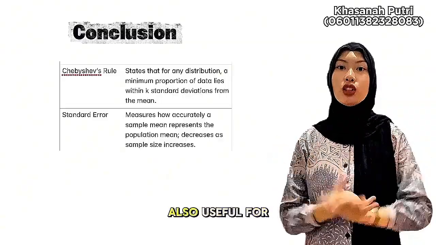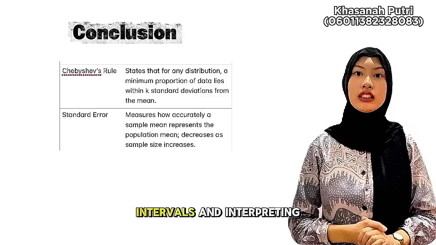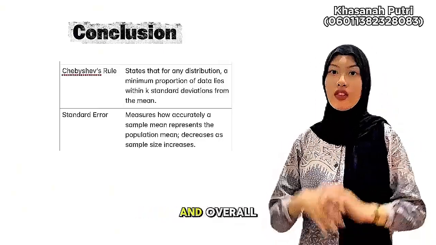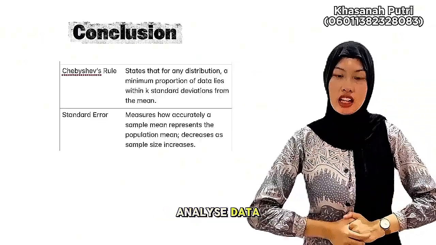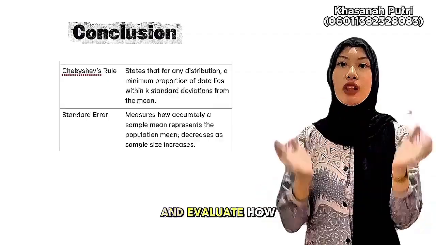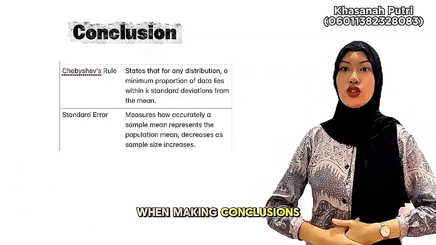Standard error is also useful for constructing confidence intervals and interpreting error bars in graphs. And overall, these concepts work together to help analyze data, interpret distributions, measure variability, and evaluate how reliable sample results are when making conclusions about a population.